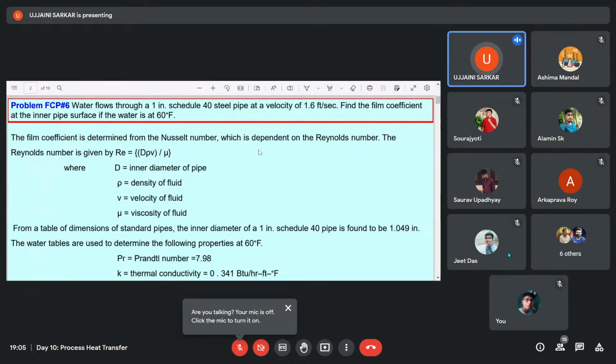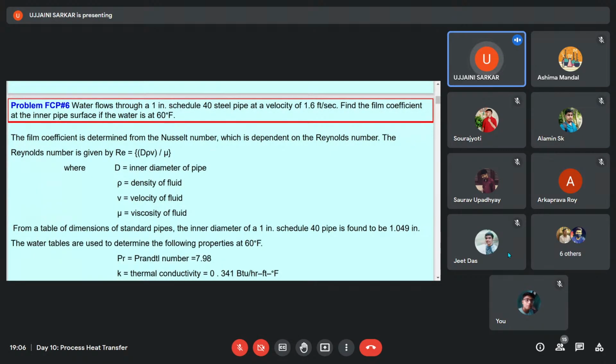When it is told like this, you have to go through the particular table given at the end of McCabe Smith or any other standard books like Foust and Wenzel, Coulson and Richardson, Walker Lewis McAdams, or you can see Perry's Handbook for Chemical Engineers. There you can find what is the internal diameter and what is the thickness of a 1-inch schedule 40 pipe.